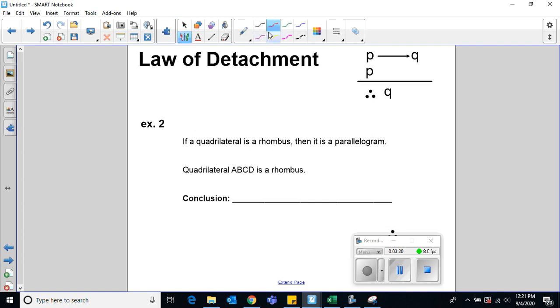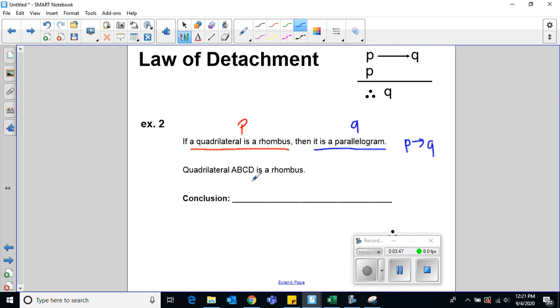So if we go through, if a quadrilateral is a rhombus, so a quadrilateral is a rhombus is our P. Then it is a parallelogram, so that it is, and remember the it is a quadrilateral. It's Q. Remember, they all start P to Q, so we have that going for us. Okay. So now let's look at this next statement.